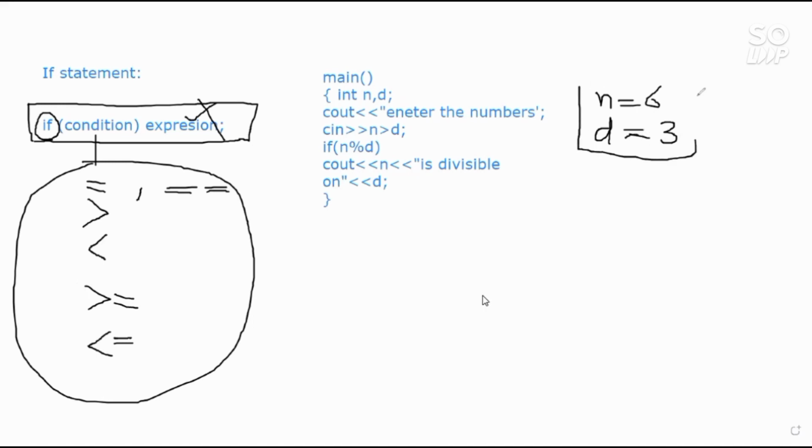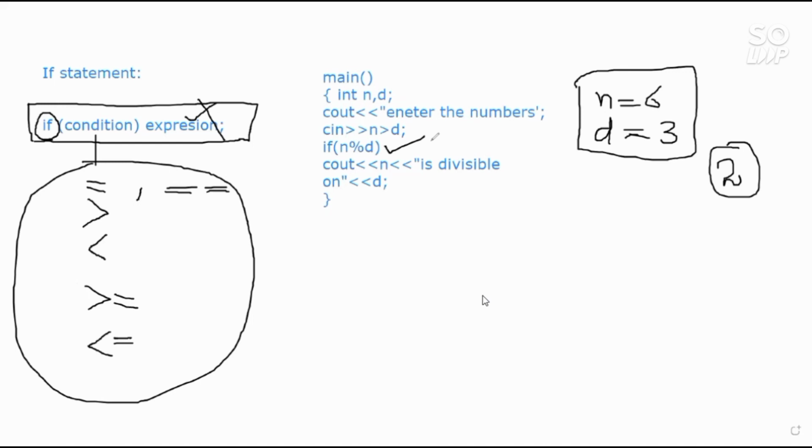I have entered these numbers, and it will check from this if statement, from the condition which we have provided. When it is divided, it will be divisible successfully. It is divided by 2. So it will declare that this condition is true if it is divisible.